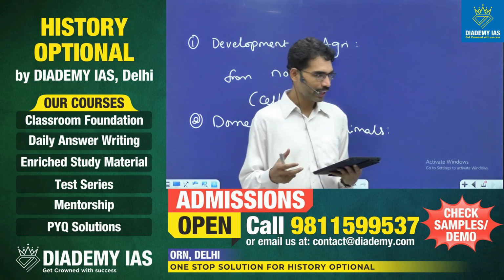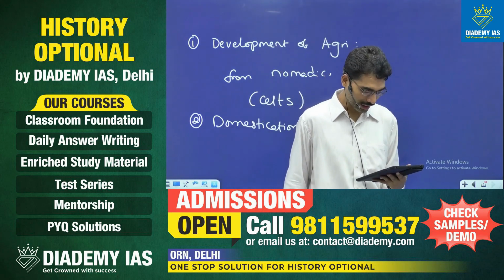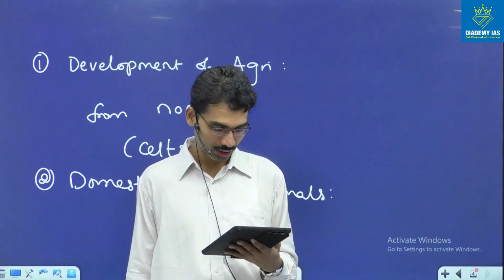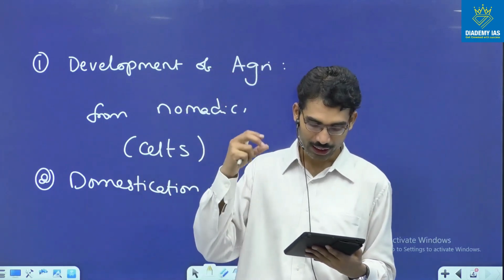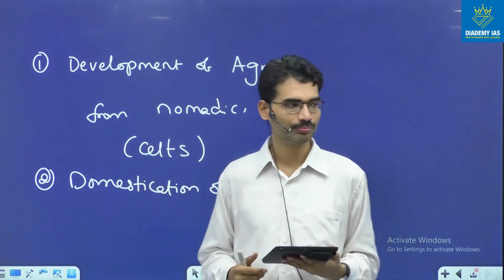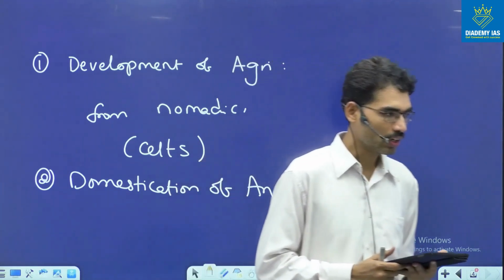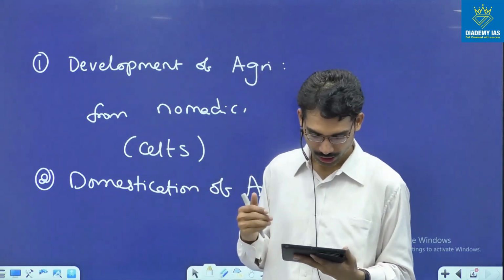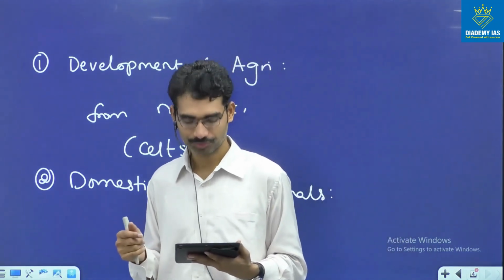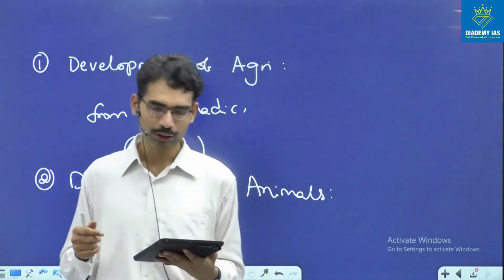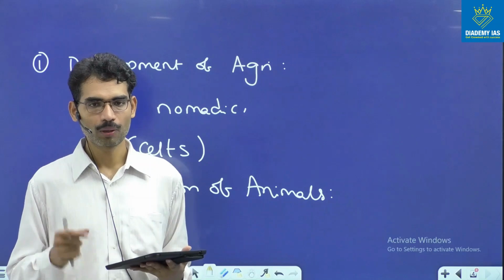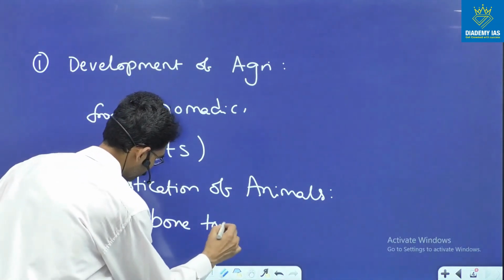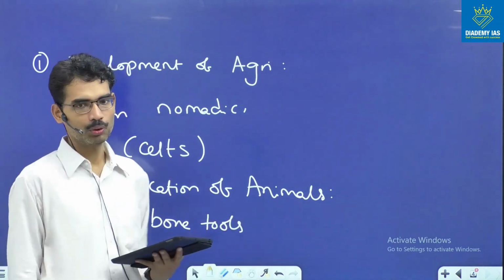The domestication of animals like cattle, sheep, goats, and dogs became a common practice. They provided communities with a constant source of food, hide, and bone tools.